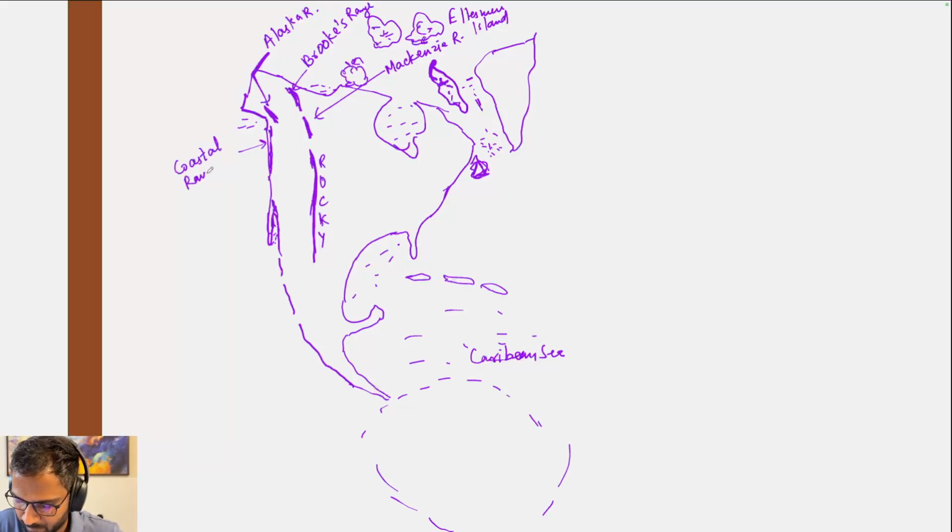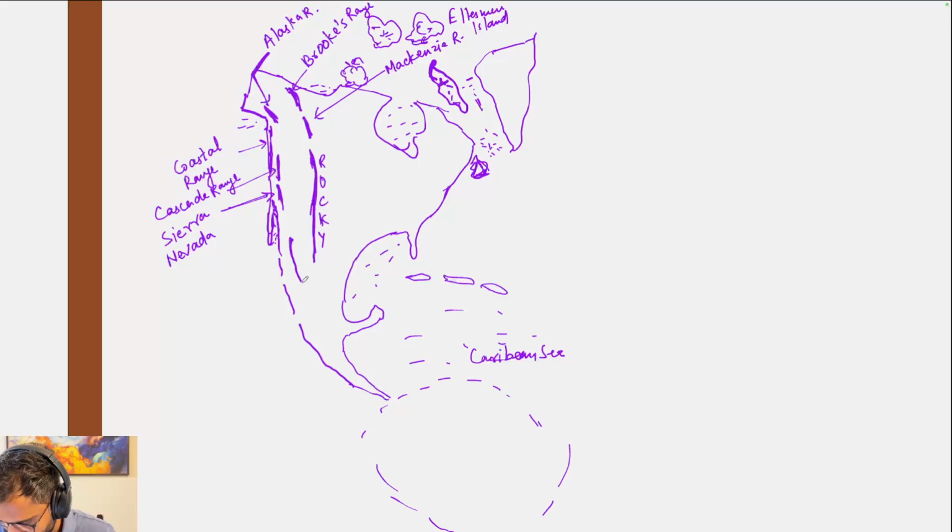And over here, the Cascade Range. Then this part is the Sierra Nevada Range, and then over here we have another range called Sierra Madres.